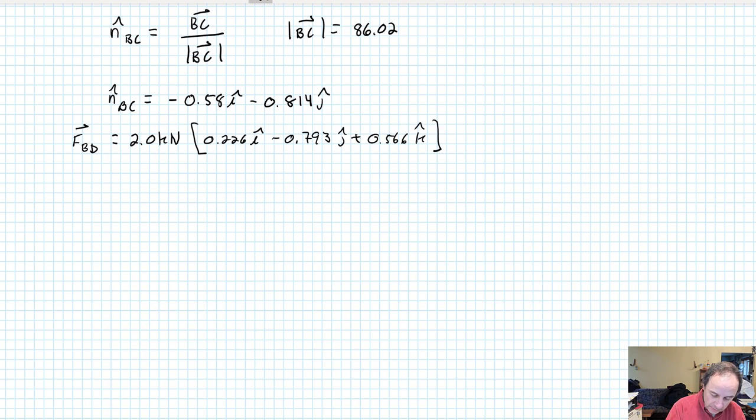So that gives us, in kilonewtons, 0.452I minus 1.586J plus 1.132K.